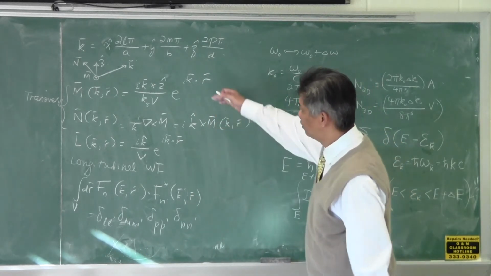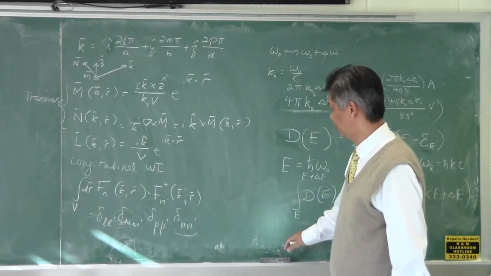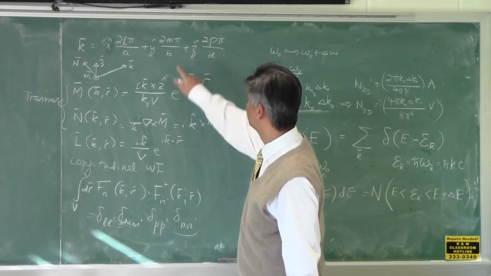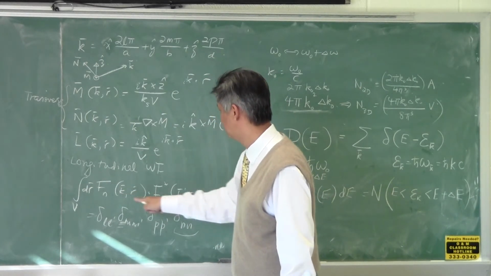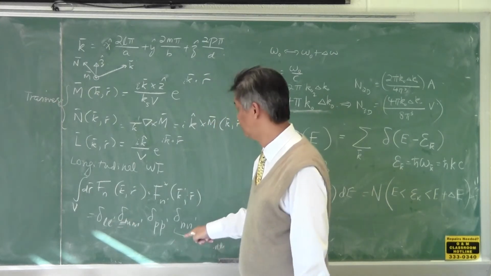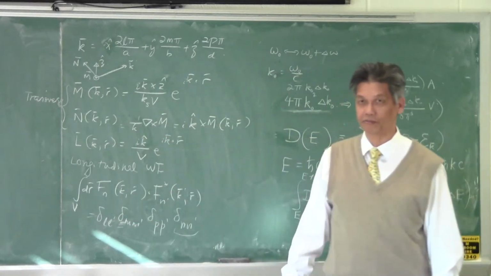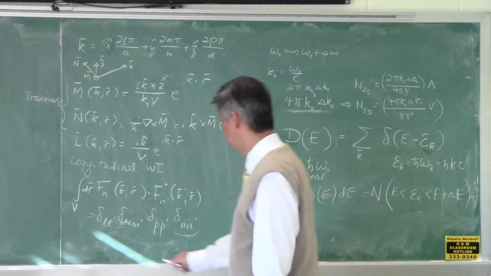So if they belong to different polarizations, they are also orthogonal. They are also orthogonal within themselves if the K's are different, if K and K prime are different. But if N and N prime are different, which means that they belong to different modes, then they are also orthogonal.